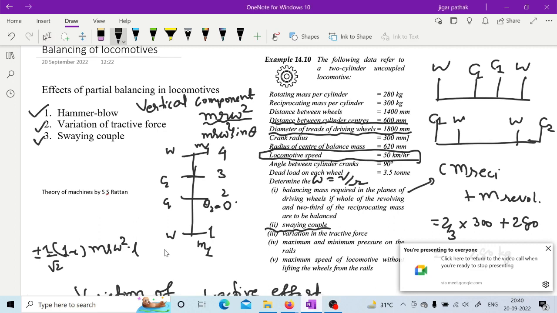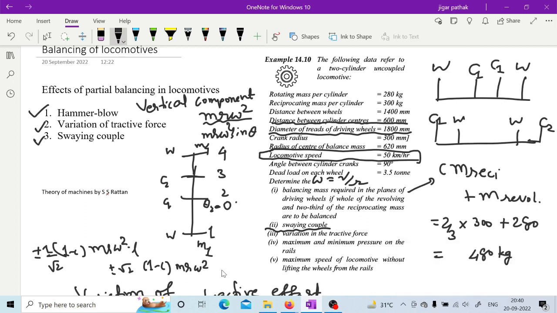Similarly, variation in tractive effort also we have seen that plus or minus root 2 times (1 minus c) m r omega square. Here also you are having all the values with you, so this also you can calculate, right?